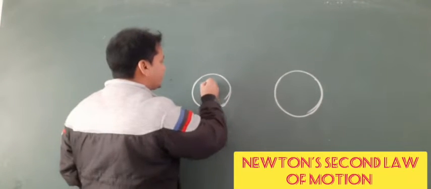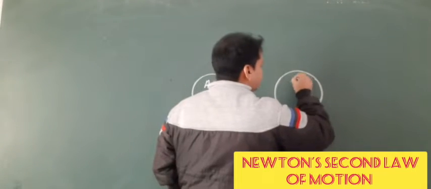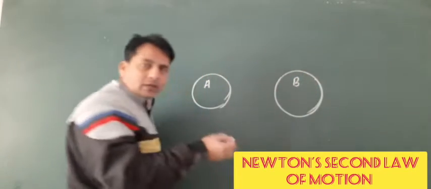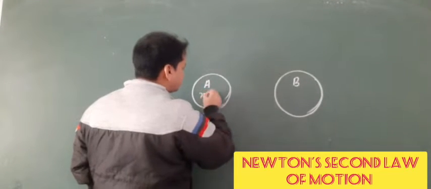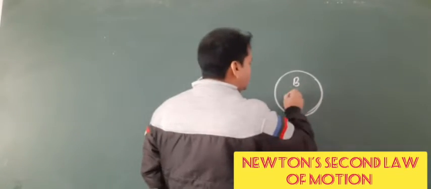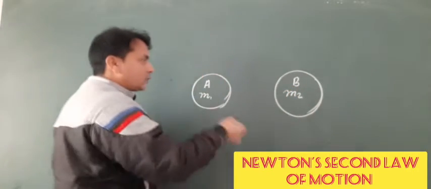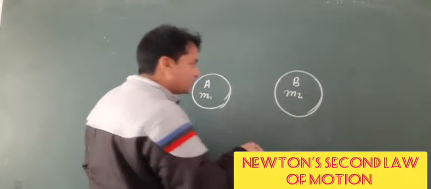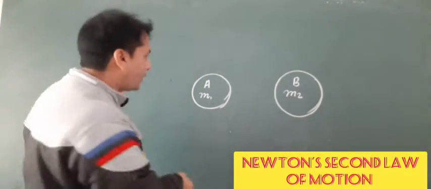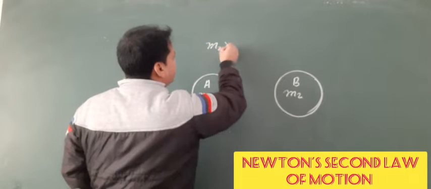The mass of object A is m1 and the mass of object B is m2. It is clear that the mass of object B is greater than the mass of object A, then m2 greater than m1.